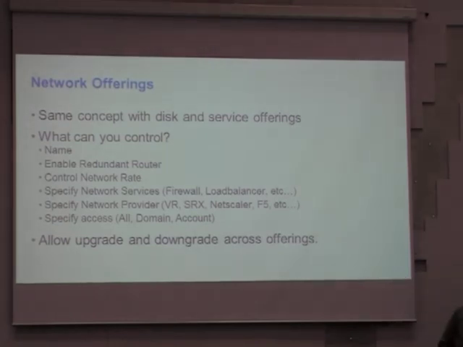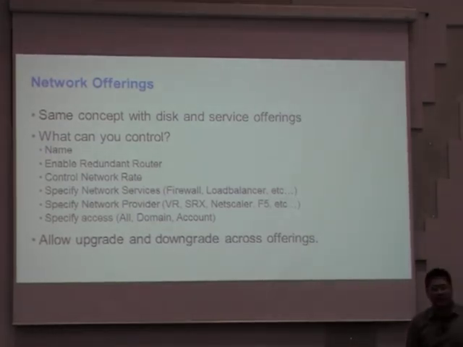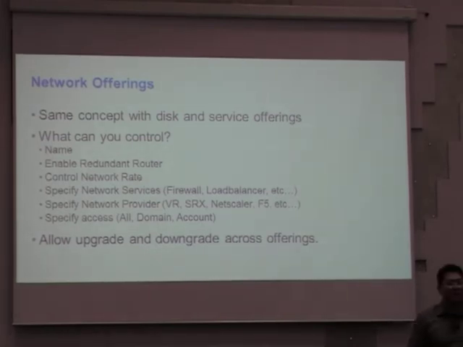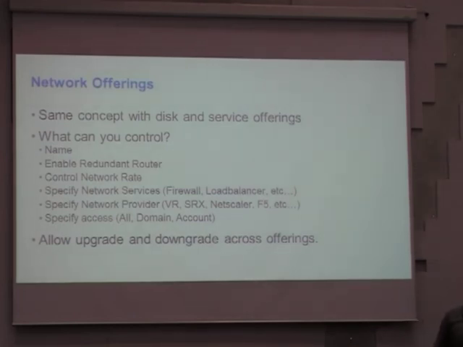And then the last thing you can do is, since 3.0, we have enabled redundant router. If you've ever looked at the 2.2x CloudStack, there's only one virtual router that sits between the public and the private network. If that thing goes down, that's it. You're pretty much not going to be able to access your network from then on. So since 3.0, you can actually enable the redundant router feature, which means it's an active-passive setup.